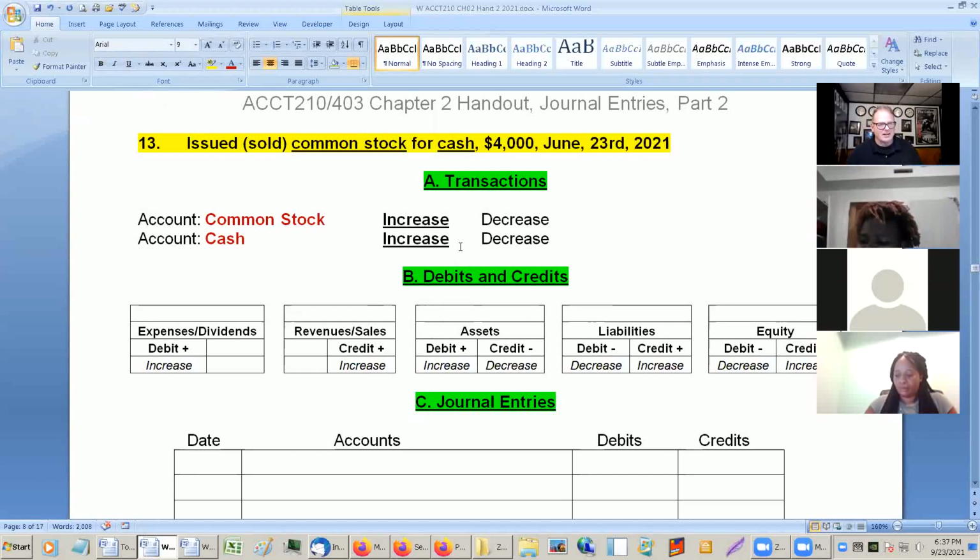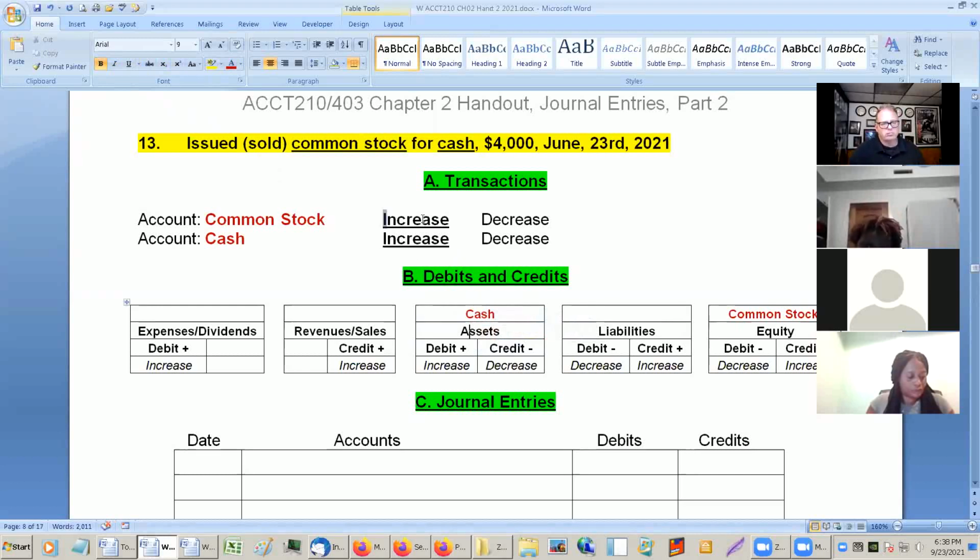So common stock, what kind of account? Equity. And cash, you guys know cash. Assets. Probably stop asking about that one.